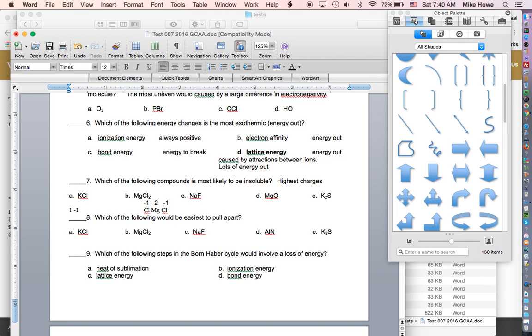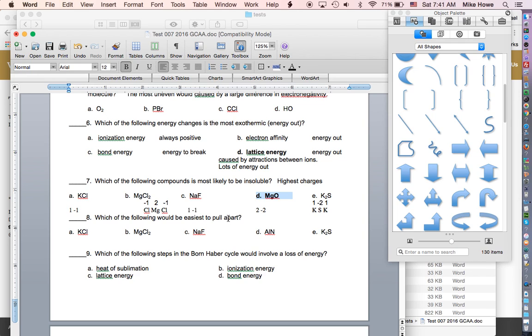Over here you got 1 and -1. Here you've got 2 and -2. And here you've got a similar thing to what you have with the magnesium and chlorine. You got a K and an S and a K. So you have really a 1 and a -2, and a 1. So which have the highest charges? Answer D. Because the 2 and -2 will attract each other the most.